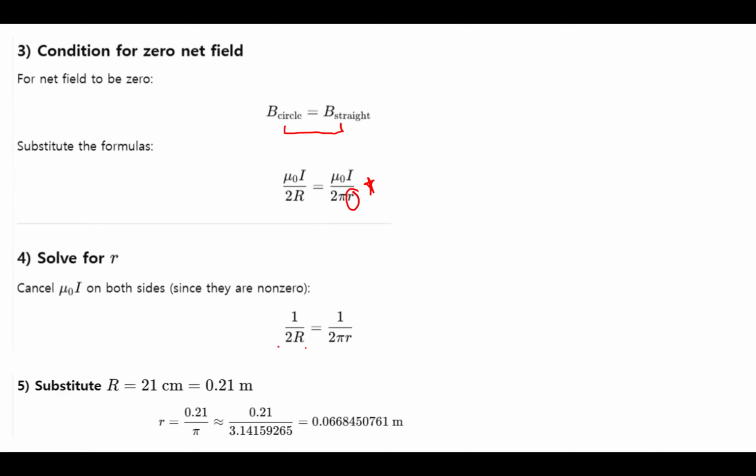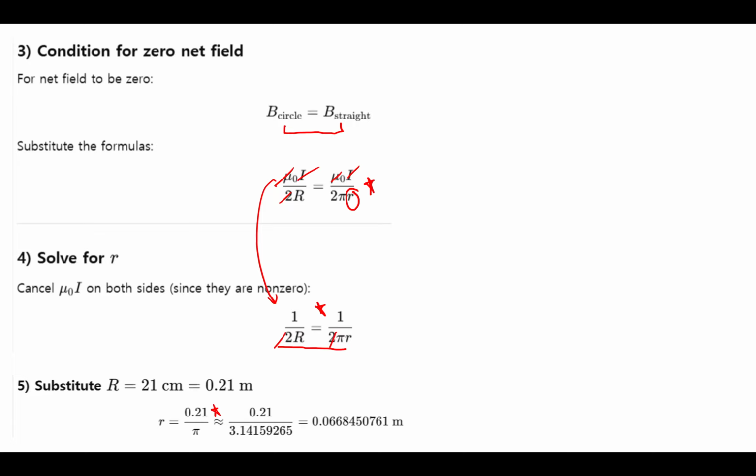Then we get this one, and from this you can get rid of the mu zero I, and the 2, and then you get this one. And then small r is given by this factor, and then you can get the answer.